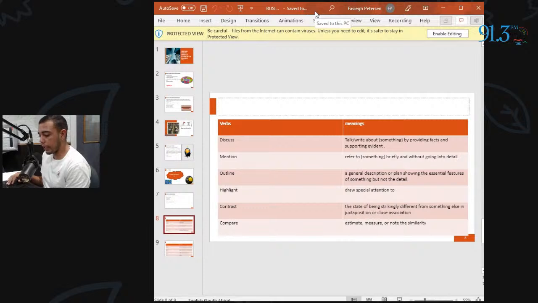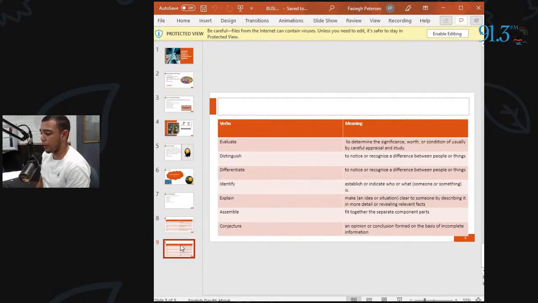We move down to the next slide, which is evaluate, to determine the significance or worth or conditions of, usually by careful appraisal and study. So guys, what you need to remember is that in business there are things that are for 1 mark, which is basically just a name.